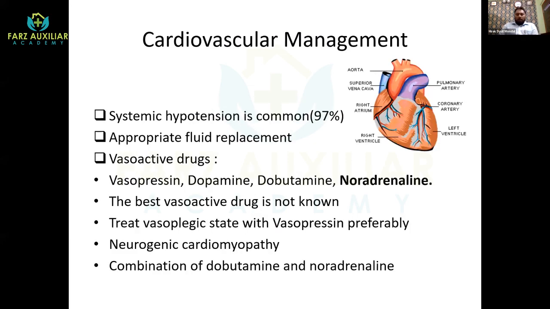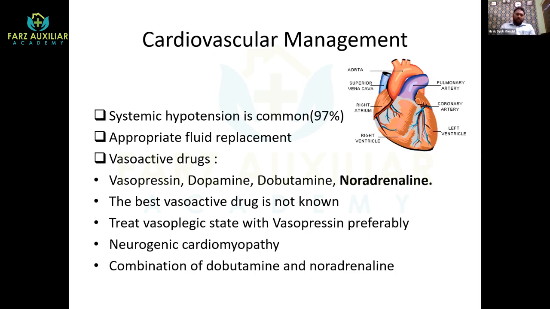Now, the management that I have already discussed, one by one. First, systemic hypotension is very common. So fluid replacement is the first thing in therapy. We'll start with isotonic crystalloids, and if that fails, we have to start vasopressors like vasopressin and noradrenaline.